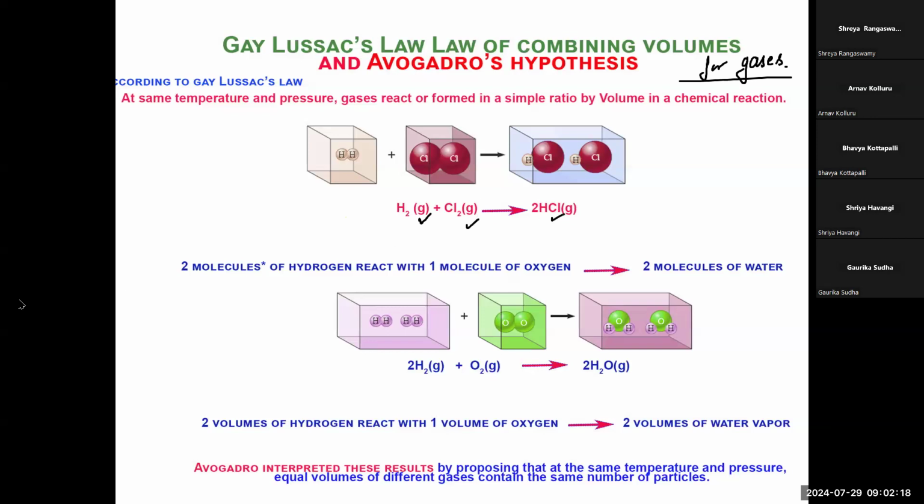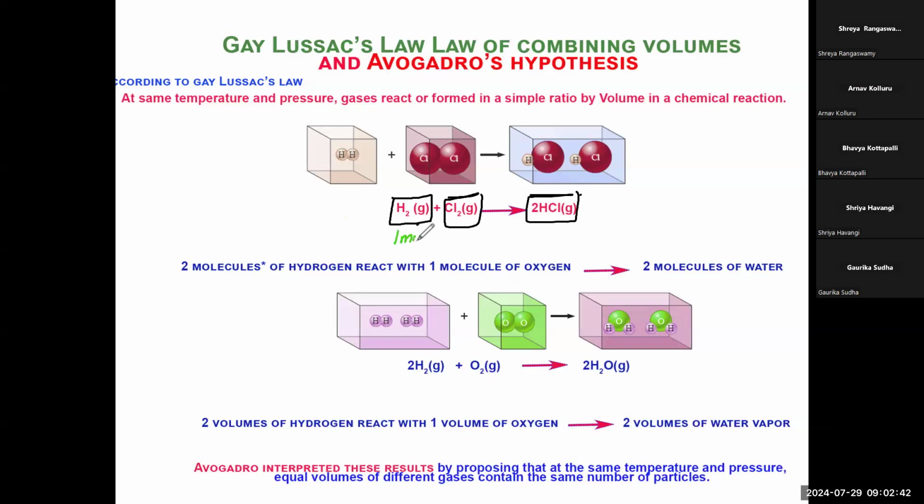Can you read this equation in terms of moles? How many moles of hydrogen are reacting with how many moles of chlorine to give you how many moles of hydrogen chloride? Can you read it? How many moles of hydrogen gas? Look at the balanced equation. Can I say one?